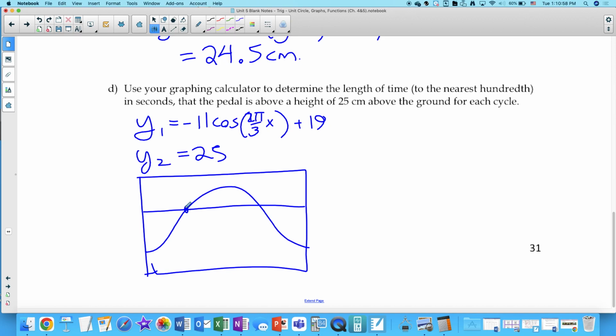How many people know what this one's going to be? We can just plug it in, but there's symmetry here. So it's going to be 1.025 away from 3. That's 1.975. I should say the y coordinate is 25, right?